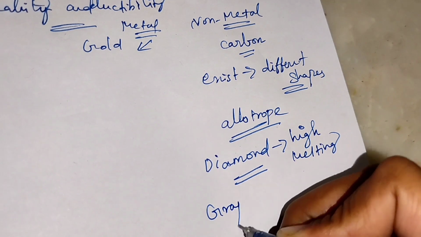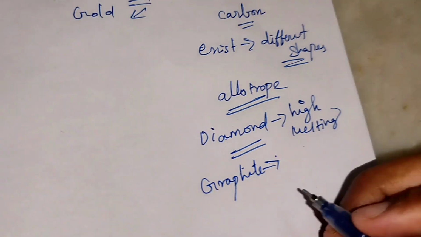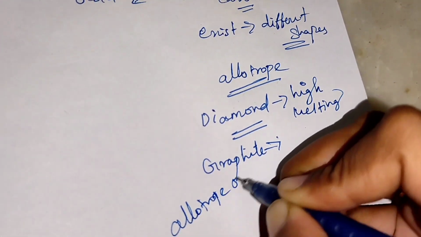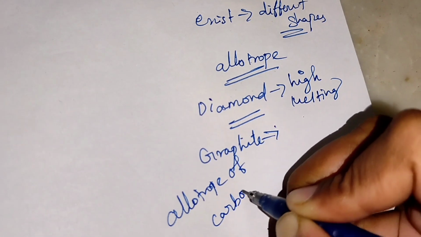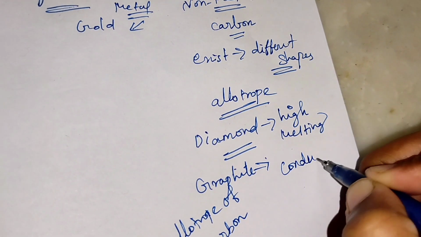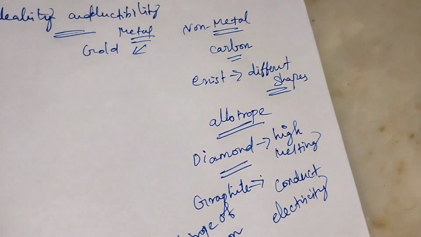Next one is graphite. This is another allotrope of carbon. And this graphite conducts electricity. We know metals conduct electricity, like that.